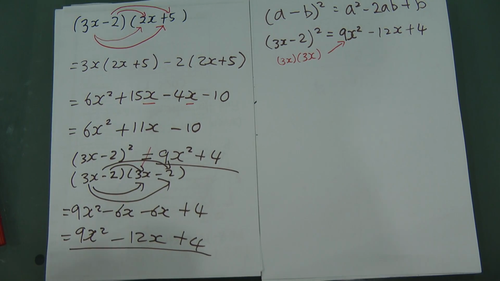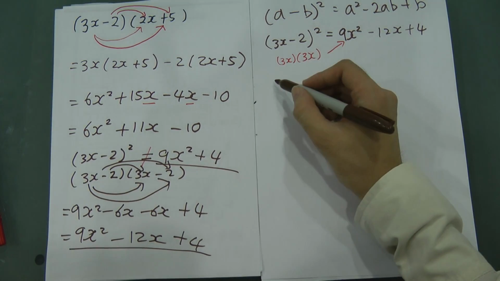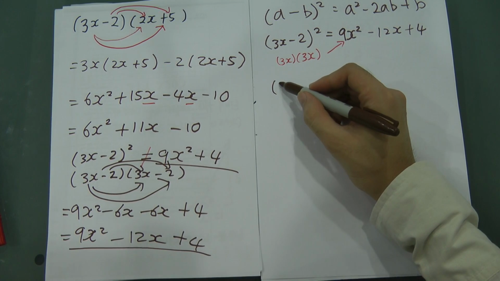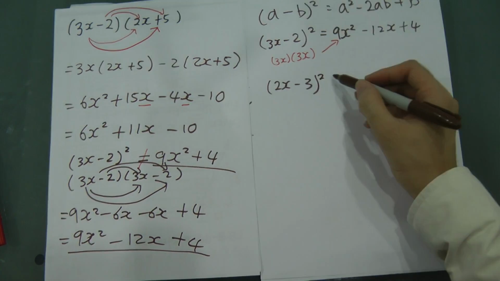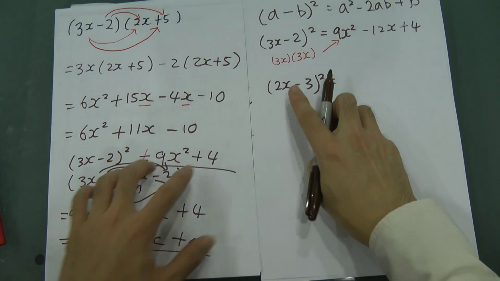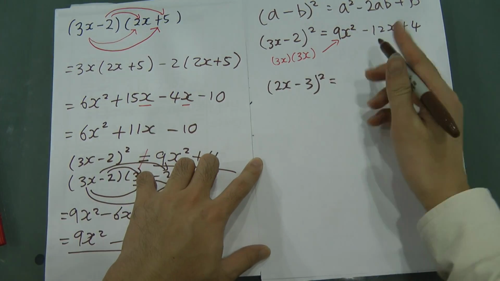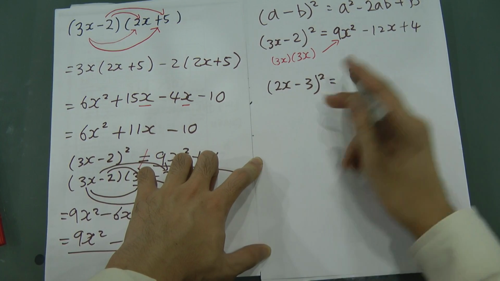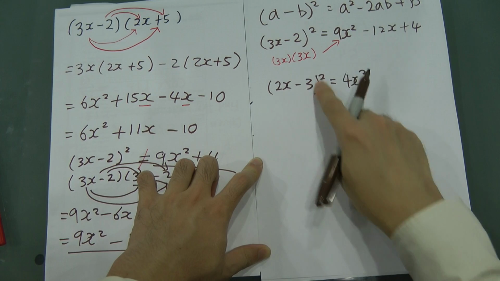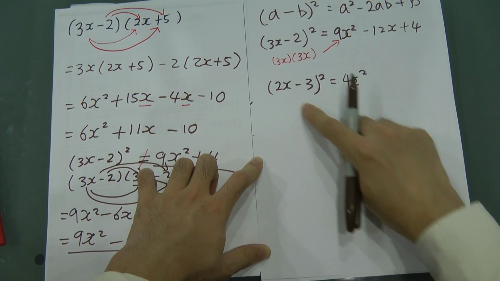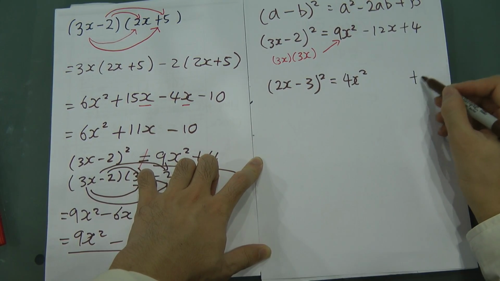Okay, so let's practice one more. Okay, one more question here. Let's say you have (2x minus 3) squared. First thing you do is the a squared. A squared is (2x) squared. 2x multiplied by 2x, we get 4x squared. And then you do the b squared, negative b squared. Negative 3 multiplied by negative 3, we get positive 9.